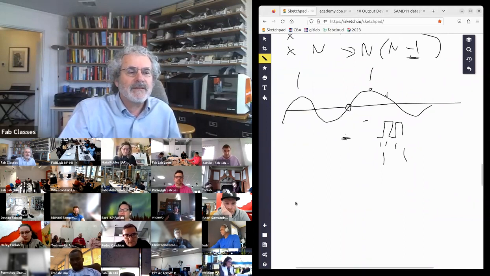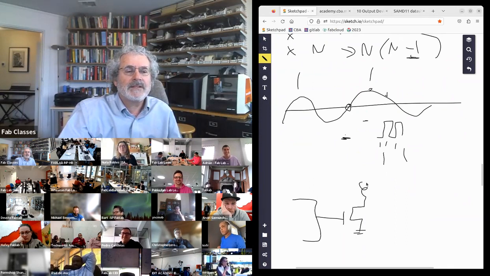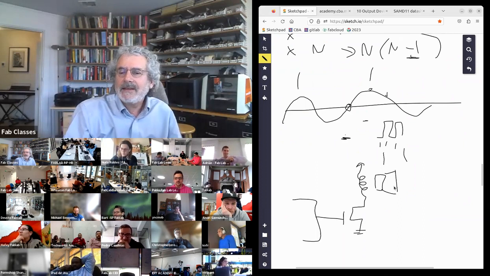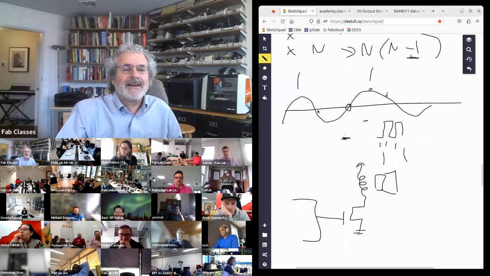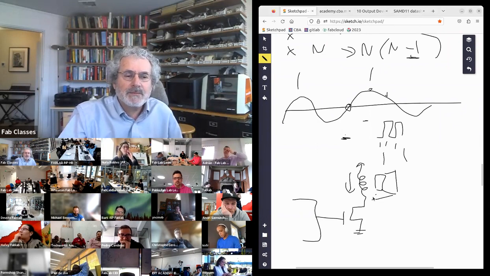It looks like this. I've got my processor, I've got my N MOSFET going to ground, and then I've got my speaker that it's driven by a coil, and then there's the cone. And here, when I pull current, it pulls the speaker in.